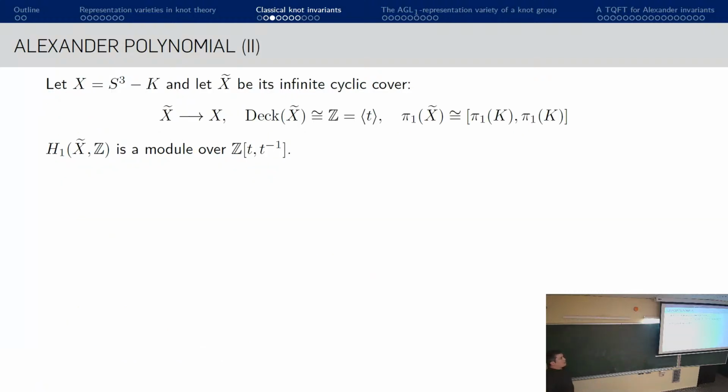And how does it arise, or how can you define the Alexander polynomial? Well, one of the most classical approaches is you've got your knot group, and then you can take the commutator subgroup. Okay, and that commutator subgroup is a normal subgroup of the fundamental group. So it gives rise, by the theory of covering spaces, to a normal or Galois covering space, which I'm going to call X tilde.